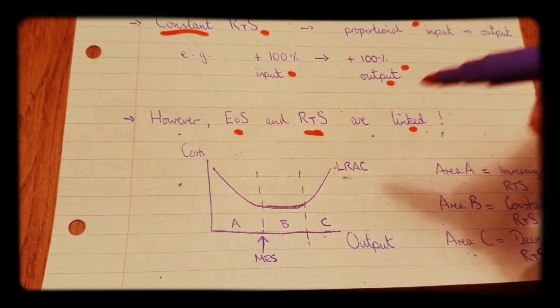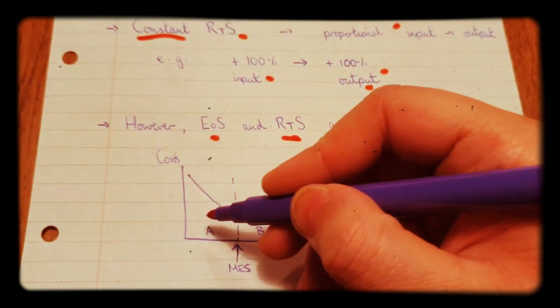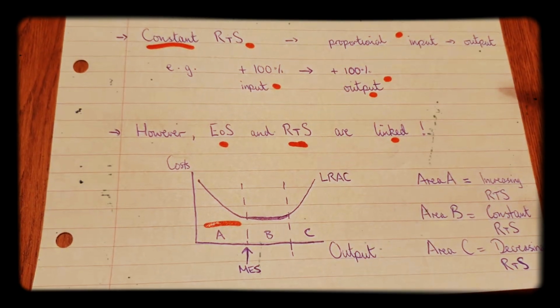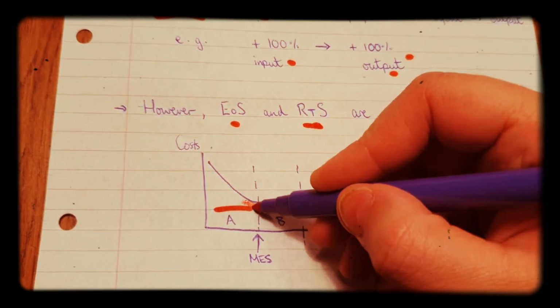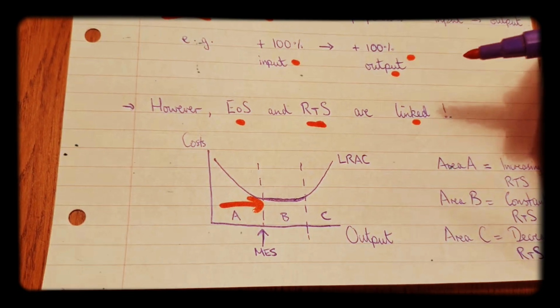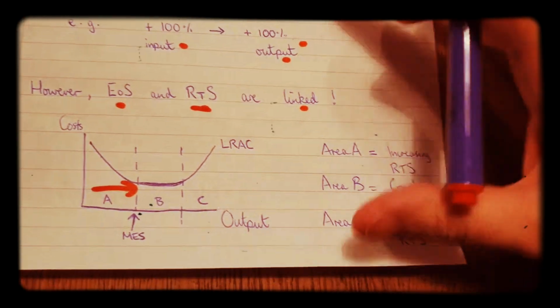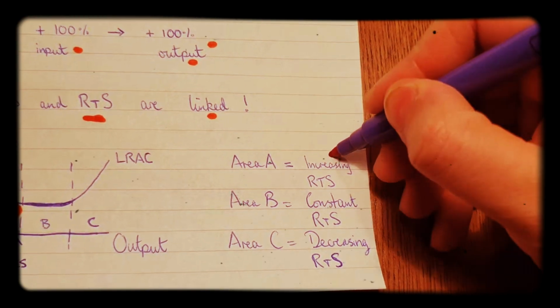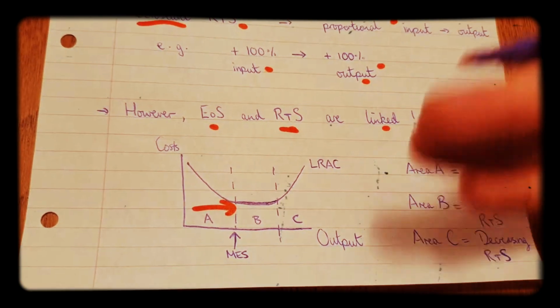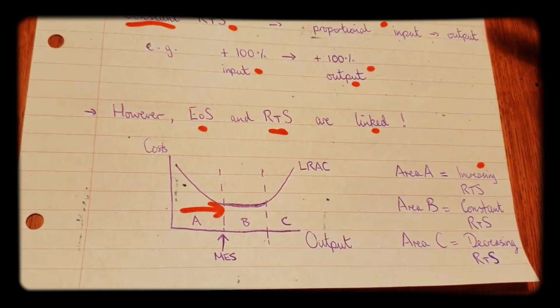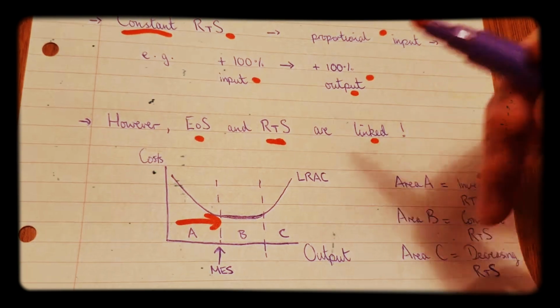If you look here at area A, this section here, the firm is experiencing economies of scale during this section. And throughout this section, this is increasing returns to scale also. So the firm is benefiting from greater increases in output proportionally to inputs.